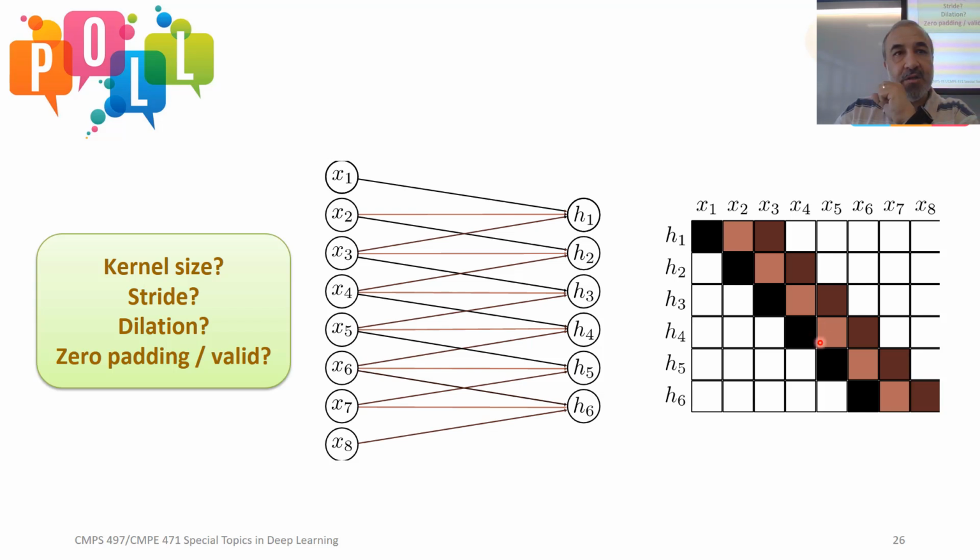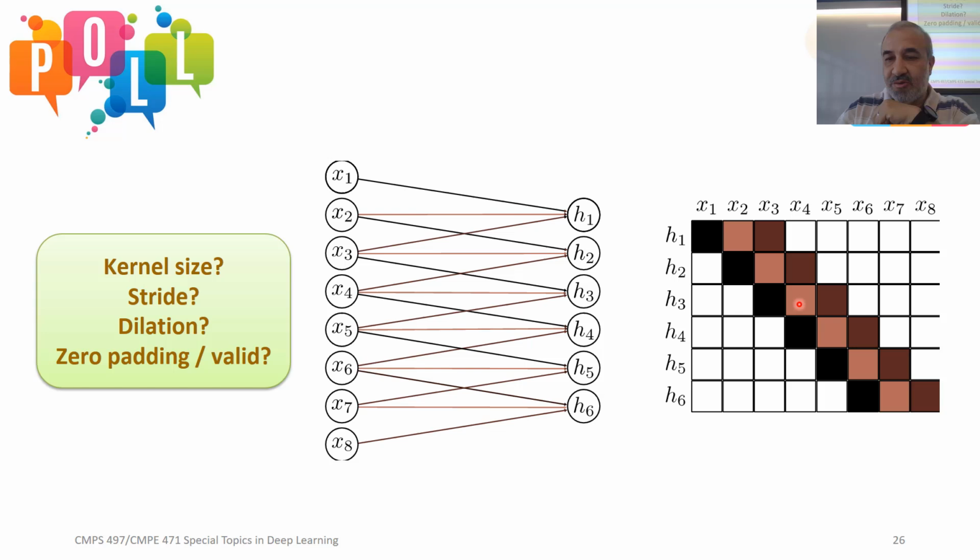How about dilation? Here we are not skipping, right? If you look at this, it is x3, x4, x5. That's the region. So we are not skipping any of the values. Are we doing valid convolutions or zero padding? How did you tell? Yeah, you can see that every one here has 3 weights.